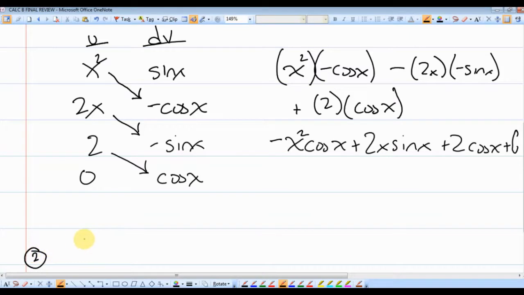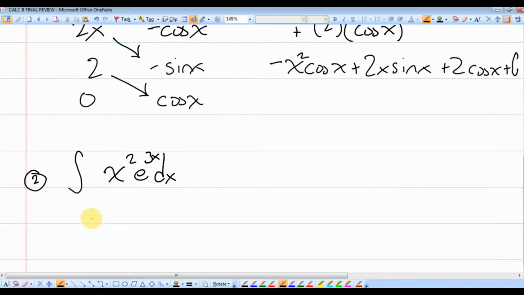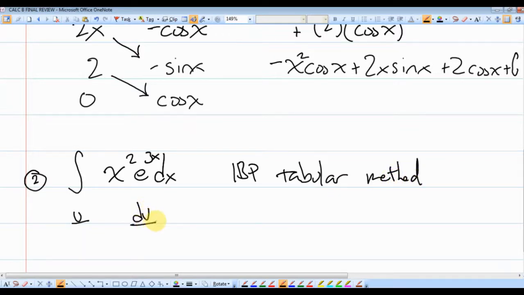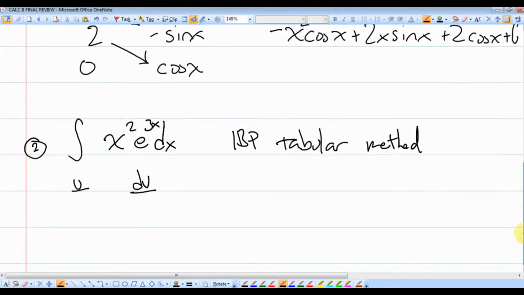Question 2, we have the antiderivative again of x squared e to the 3x dx. Again, this looks like a good candidate for integral by parts. Tabular. dv, x squared.